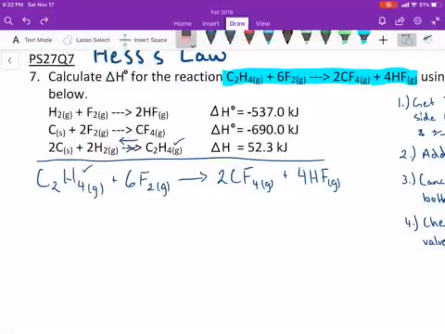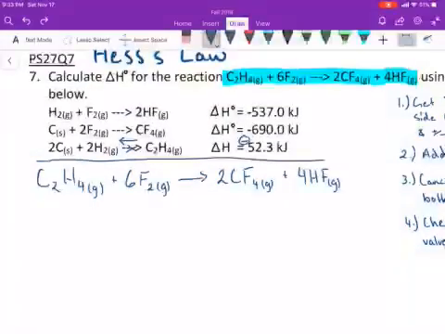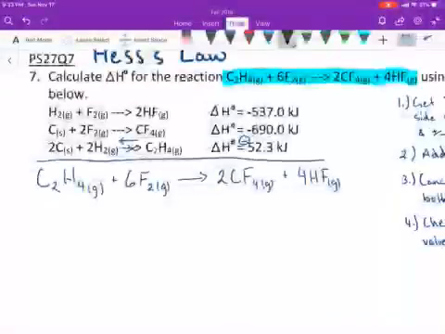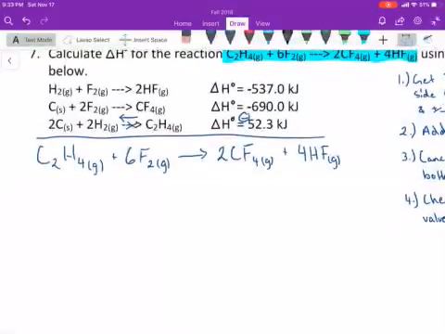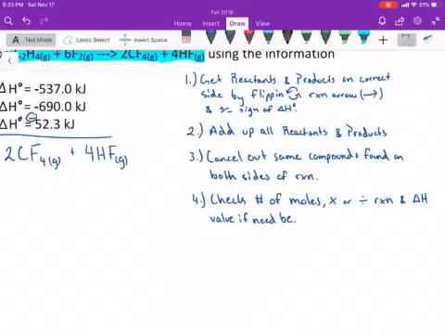So we've done all the arrows, but remember, I almost forgot, because we switched this arrow around, we have to change the sign of the delta H value for this reaction. I had to remake all those delta H signs because the copy and paste didn't work. But so everything is in the correct order. We got everything on the right side, we flipped the signs, and now we're going to add up the reactants and products.